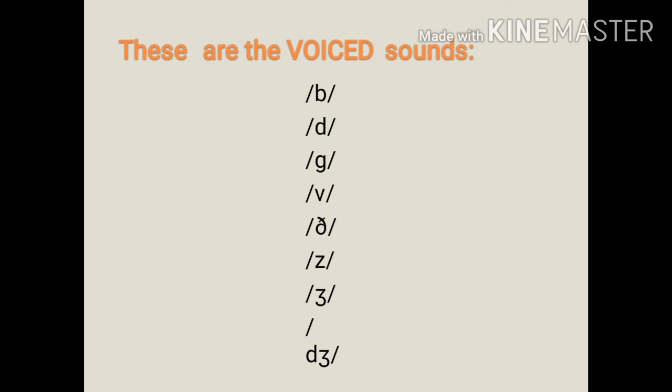If you want to do the experiment, just try to say b and put your finger on your throat, and you can observe that your throat is vibrating while pronouncing these sounds like b, d, g, v, th, z, j, zh. So when your throat is vibrating, these are all voiced sounds.